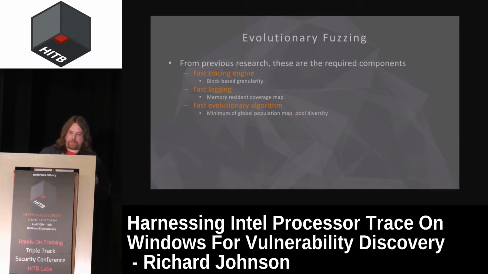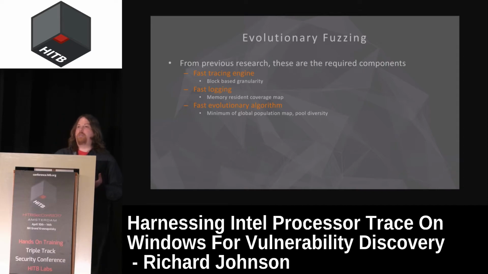It's interesting. From my last couple of years of talks, the required components in order to do this effectively is we need a fast tracing engine, obviously. The slower your tracing engine is, the fewer times a second you can execute. We need block-based granularity as opposed to something like function coverage. The early research in this space was Jared DeMott and the EFS evolutionary fuzzing system from like 2006 or so.